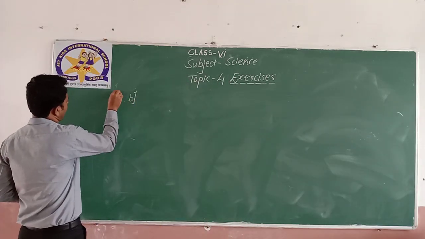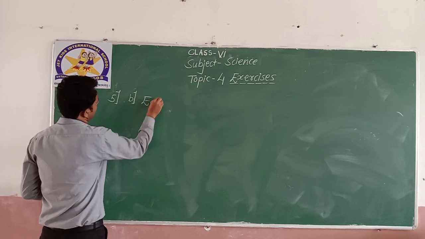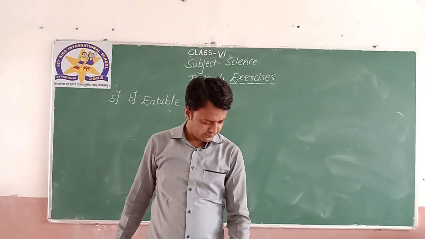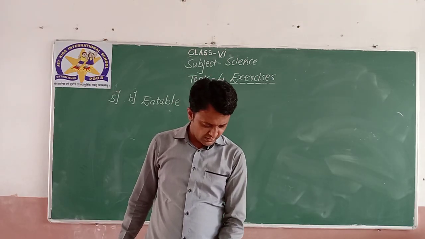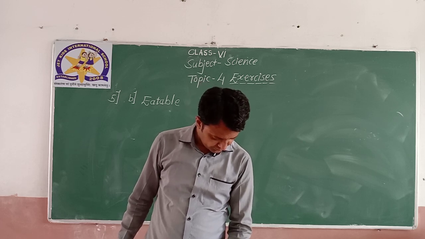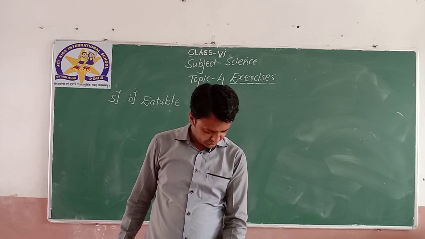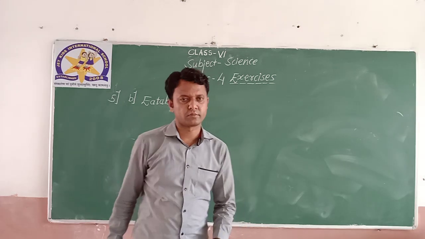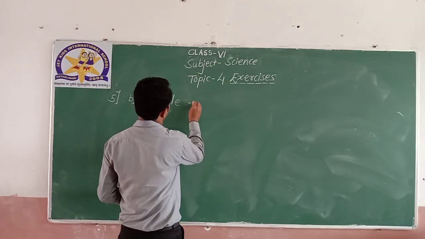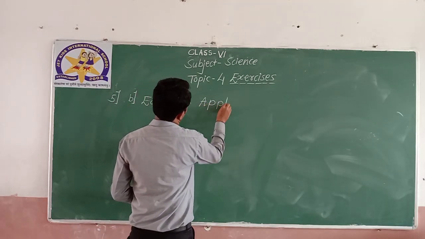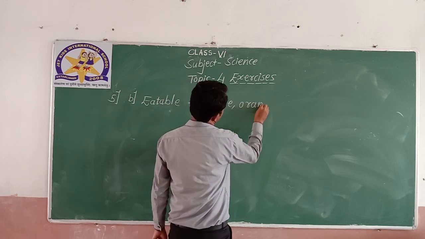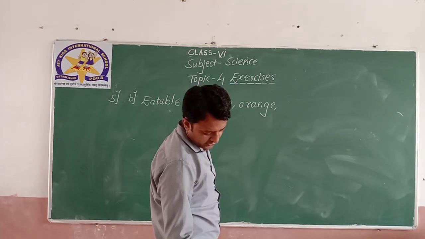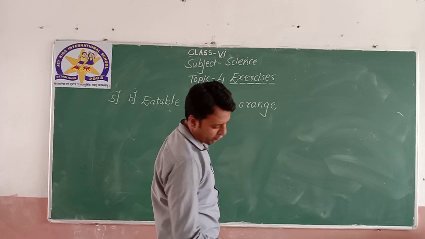B of question number 5, eatables. Apple, orange, water, sugar. Okay, apple, orange, sugar and water.